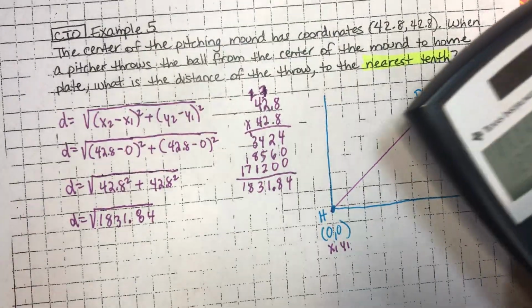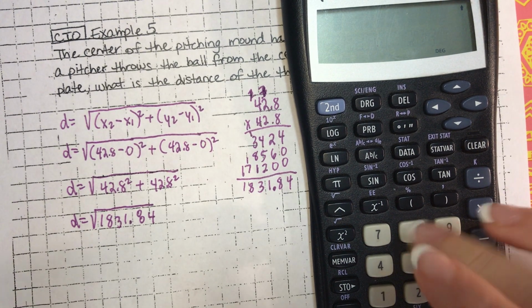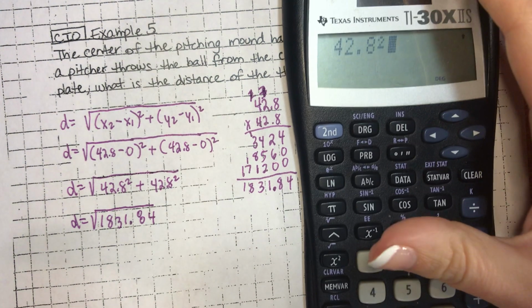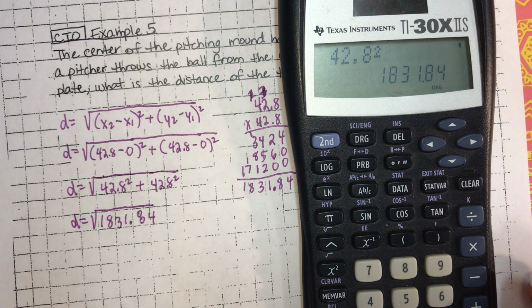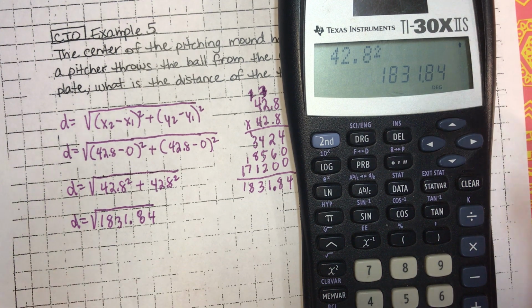So we just need to figure out what the square root of that is. I'm going to go ahead and check my 42.8 squared real quick, just to make sure. And yeah, 1,831.84. So that's perfect.